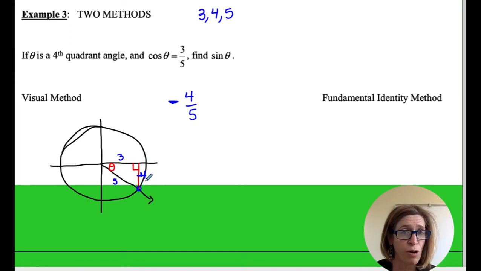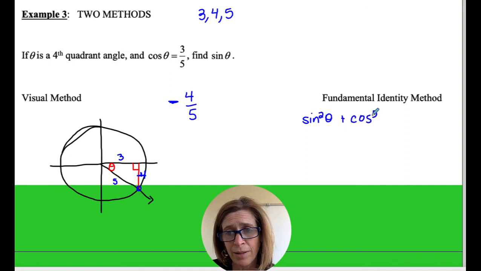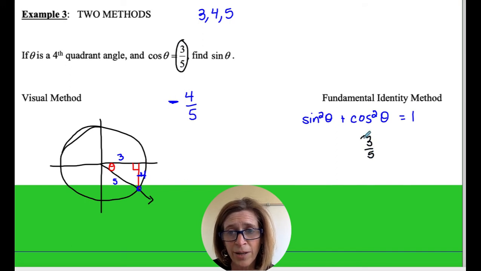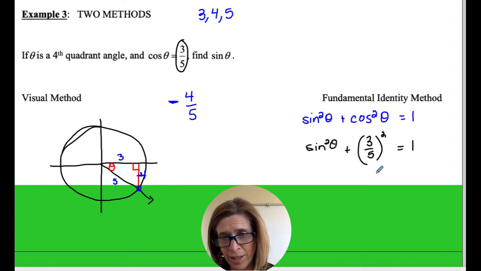So that's the visual way, the way I just showed you how to do it: find the point, draw a triangle, find the ratio. Another way is to use sine squared theta plus cosine squared theta equals 1. So let's see what happens. Sine squared theta plus cosine squared theta equals 1. Well, if cosine is 3/5, then cosine squared would be 3/5 squared, which is 9 over 25.